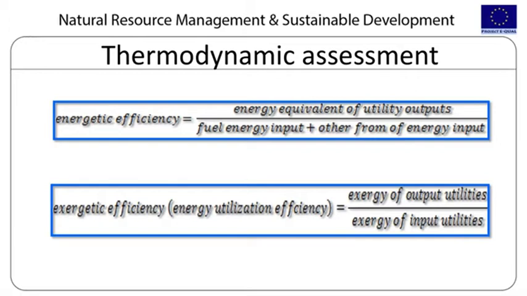Energy input may be in form of fuel energy or in form of energy of steam. Similarly, exergy efficiency, sometimes called energy utilization efficiency, is the ratio of exergy of output utilities to the exergy of input utilities. Then the question comes to mind, what is exergy?